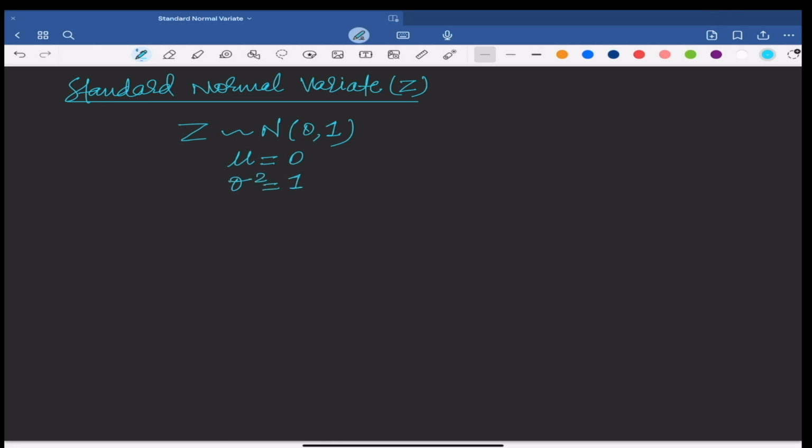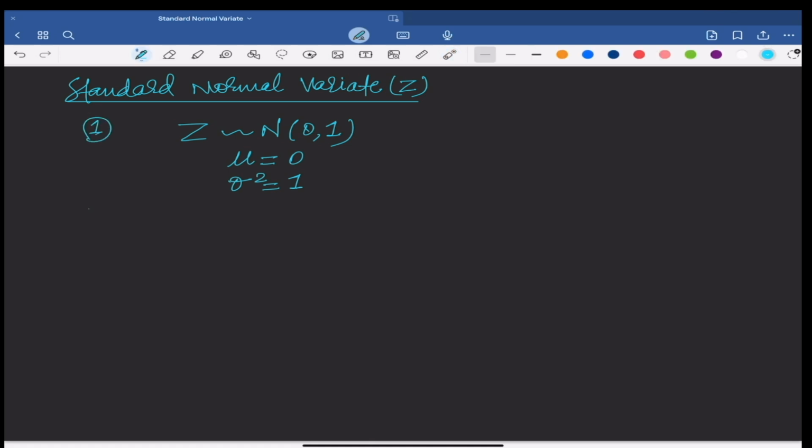So you have a random variable z with a mean of 0 and a variance of 1. That is called Standard Normal Variate. We will see why it is called standard and why it is useful.